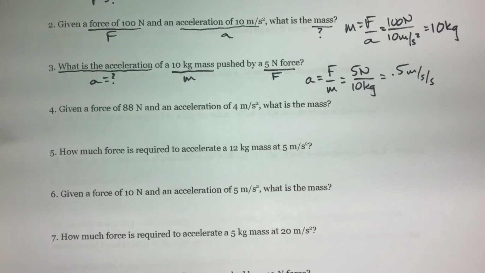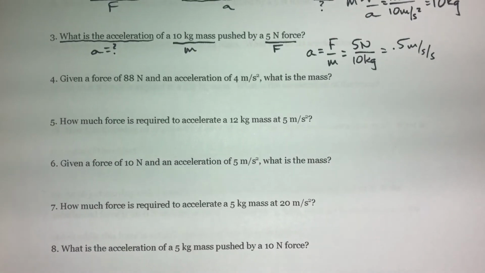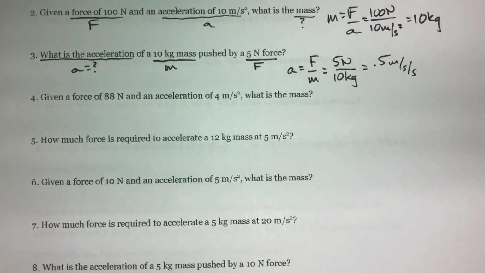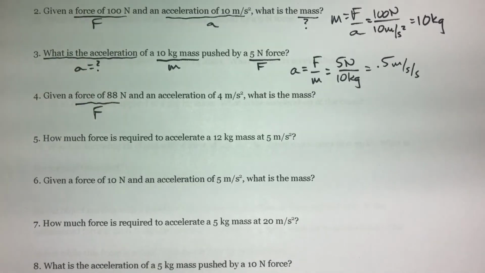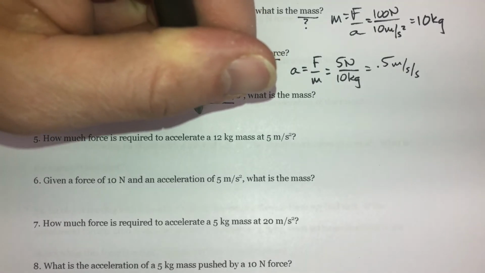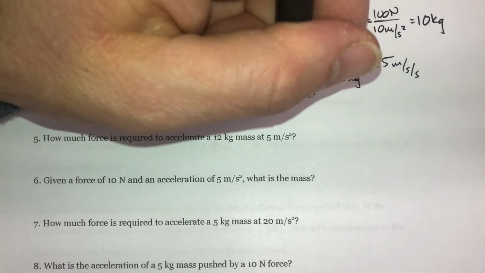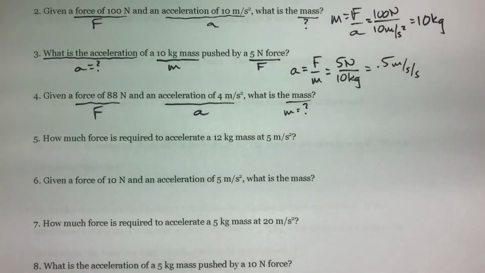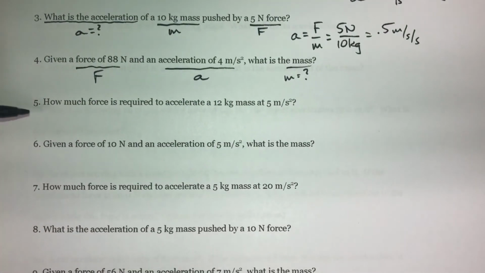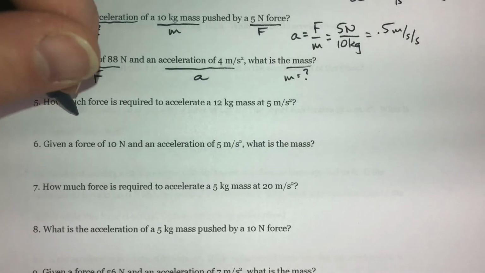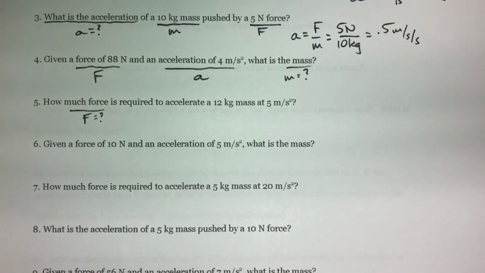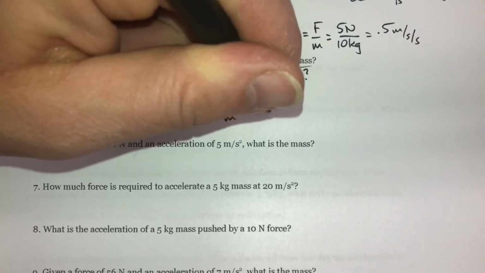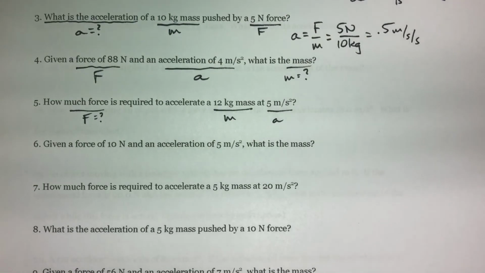So the rest of these problems are pretty similar. I'll just go through the next 3 and identify the variables. Number 4, given a force of 88 newtons, that's an F, an acceleration of 4, that's A, what is the mass? That's our question mark. For number 5, how much force is required? Again, looking for F. We have a 12 kilogram mass and a 5 meter per second acceleration.